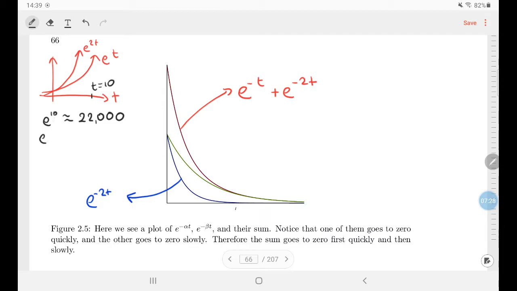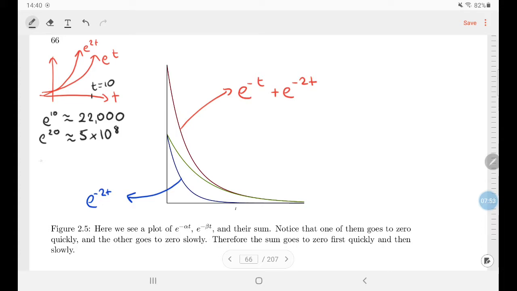And then e to the 2 times 10 is e to the 20, which is, oh god, I can't even really see it, 10 to the 3, 10 to the 6, 10 to the 8, it's approximately 5 times 10 to the 8, it might be 10 to the 7, 10 to the 8, but something like that. So the e to the 2t is much, much bigger.